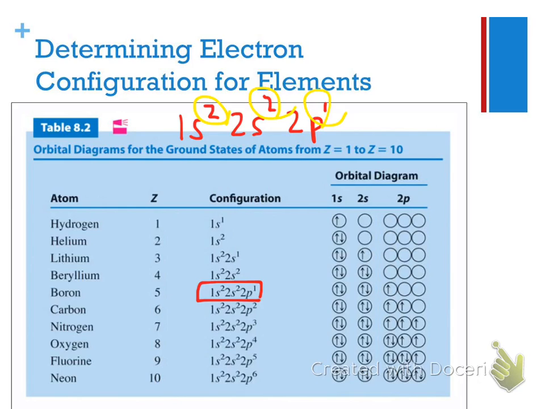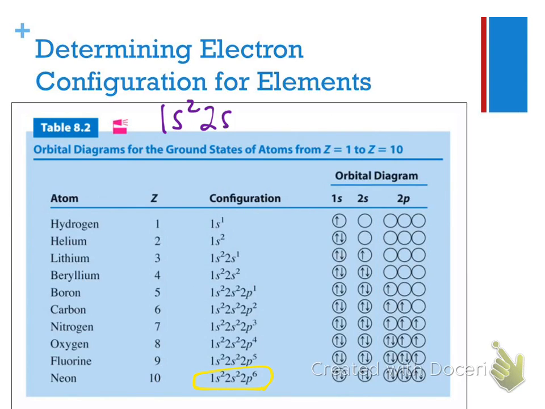All right, let's take a look at a little bit bigger one. Let's look at neon right here. Neon tells us 1s2, 2s2, 2p6. So why can the p orbital hold 6 electrons?